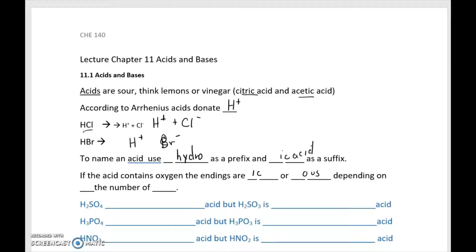So here we have sulfuric acid. But if we have 4 oxygens, and then only 3 oxygens, we have sulfurous acid. A phosphate with 4 oxygens is phosphoric acid.